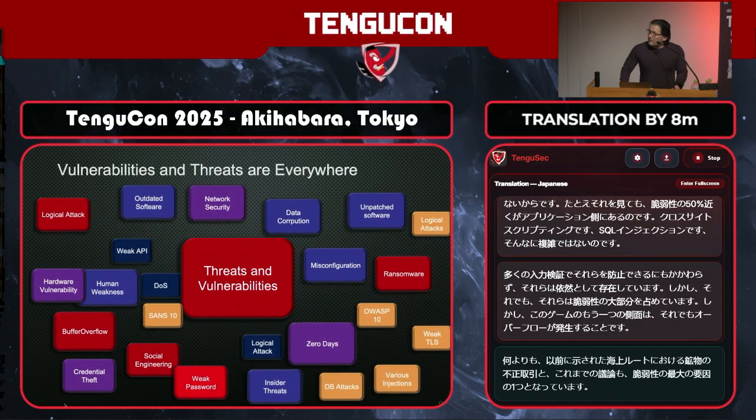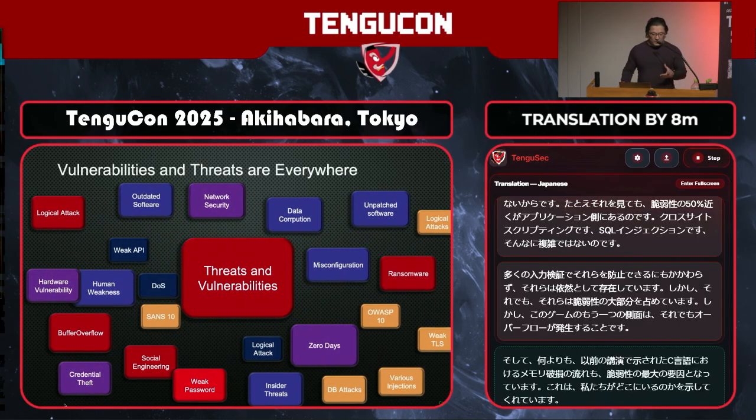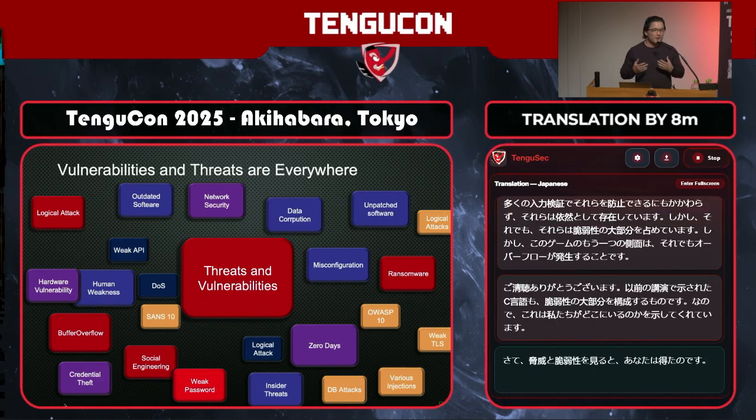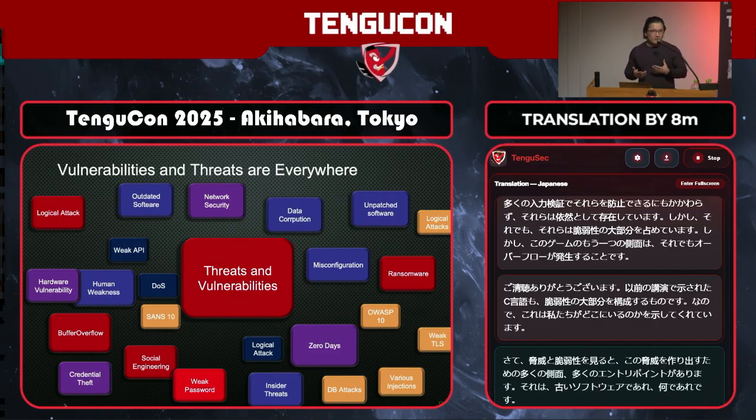Now, if you look at threats and vulnerabilities, you have a lot of aspects, a lot of entry points to create these threats, whether it's outdated software, logical attacks, network-based vulnerabilities, data corruption, or memory corruption. There are plenty of them.